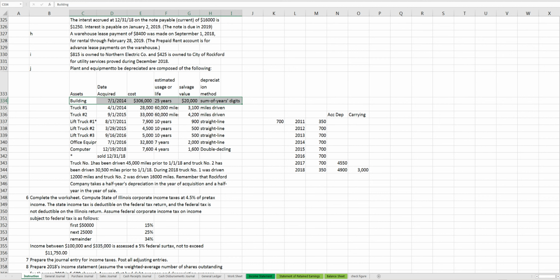Basically, that's 2014, July the 1st. So we're going to do the first building. We're going to do the depreciation table for the sum of the year digits.